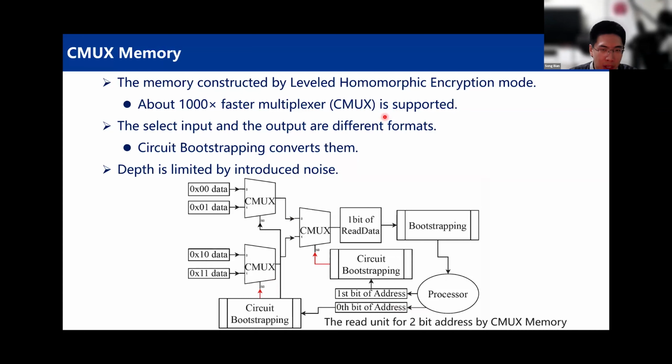I think memory is very hard to design, because on the other research direction we're trying to design databases over FHE. And if you think about it, a database is basically a memory. Reading from a memory or searching in a database is kind of reasonable.